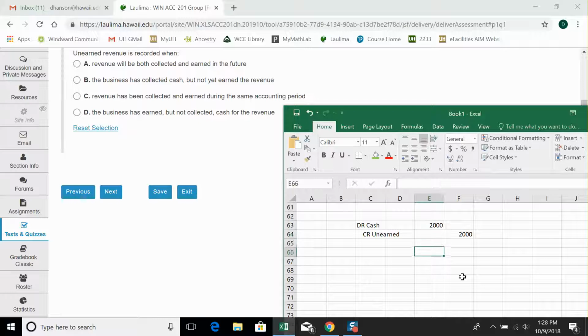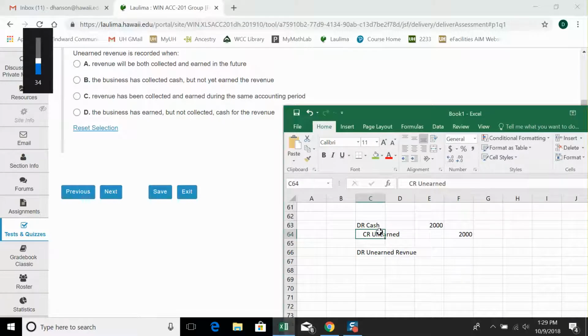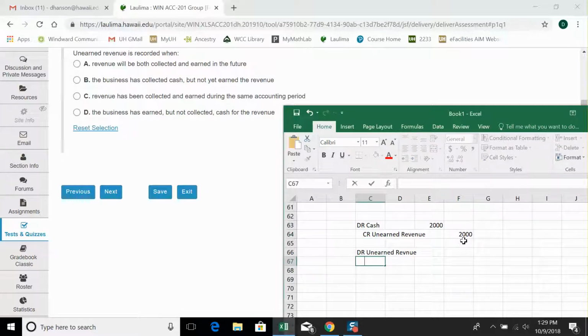received in advance. As the work is performed, say your company performed $500 worth of those services, you would reduce the unearned revenue. Oops, I left the word revenue out of here. And because you did perform $500 worth of the services, you would credit revenue.